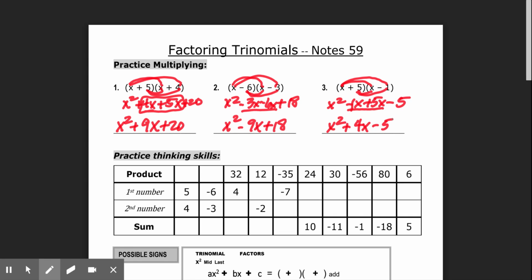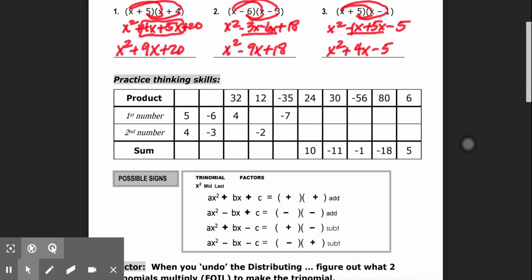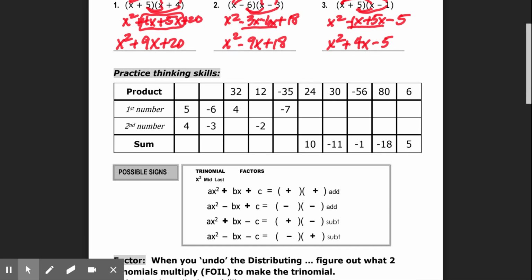All right, so now we are going to practice thinking skills. You see you have two numbers given, a 5 and a 4. What we have to do is come up with a sum, which means to add, and the product, which means to multiply.